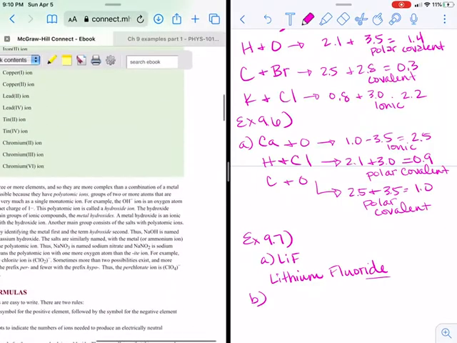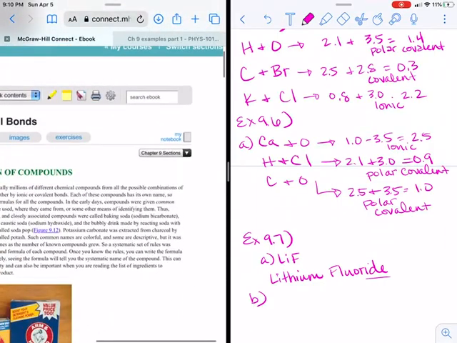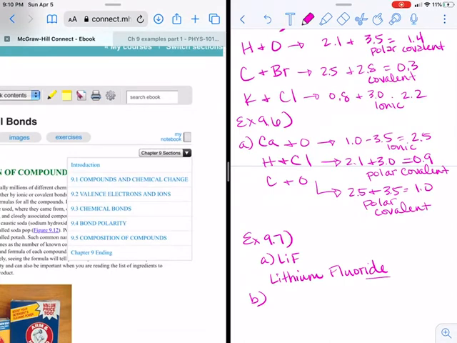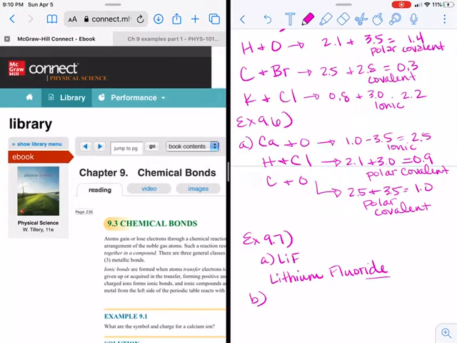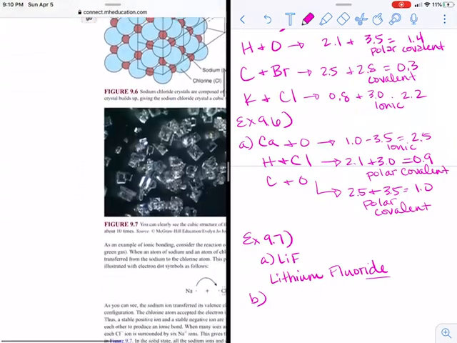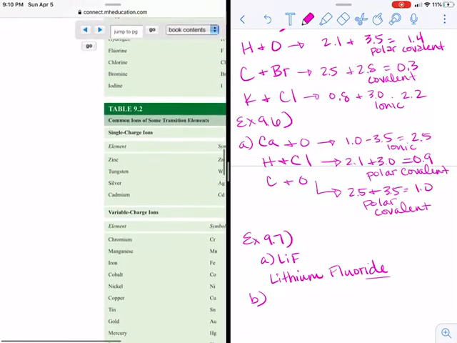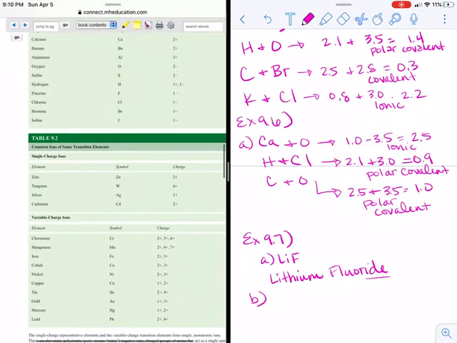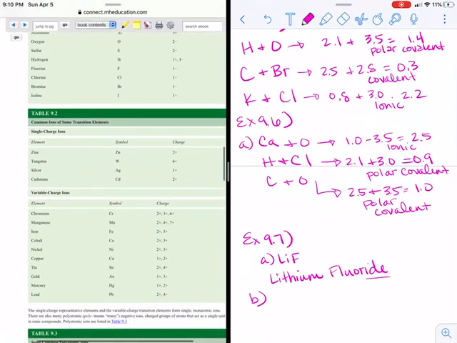Now, the second one. This is where I want to go back a little bit. And I think it's in this section where you have to look at this table. Yeah. Okay. Look here really quick.